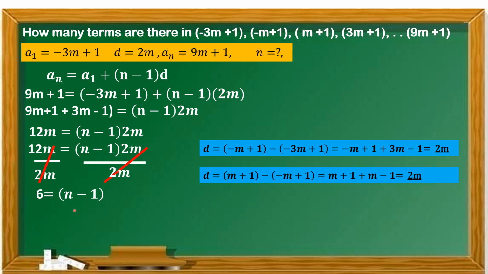And since we will be getting the value of n, that negative 1 will be transposed, and 6 plus 1 is equal to n. And therefore, our value of n is equal to 7. So meaning that 9m plus 1 is the seventh term in the sequence.